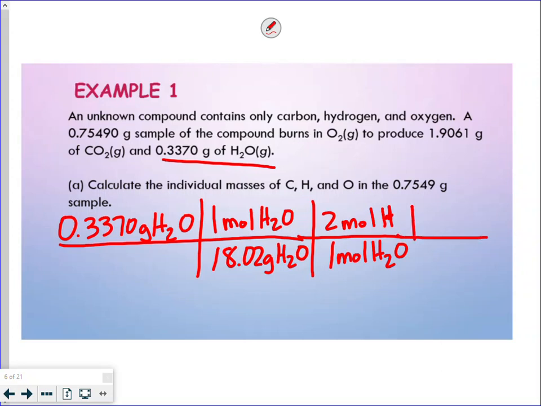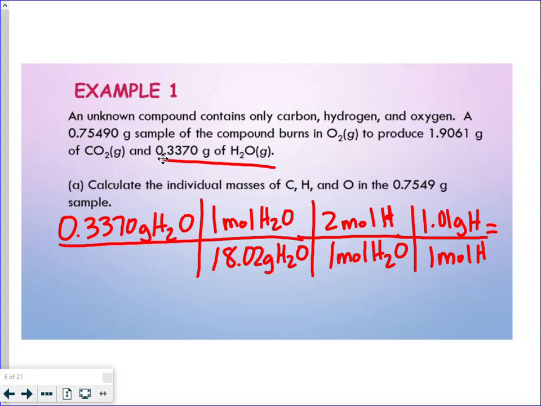Then last but not least, we change that over to grams. 1 mole of H gives us 1.01 grams of H. And then out of this 0.3370, we can figure out how much of that is from hydrogen. And since hydrogen is only in the water and the original compound, we can use the law of conservation of mass and figure out that number.